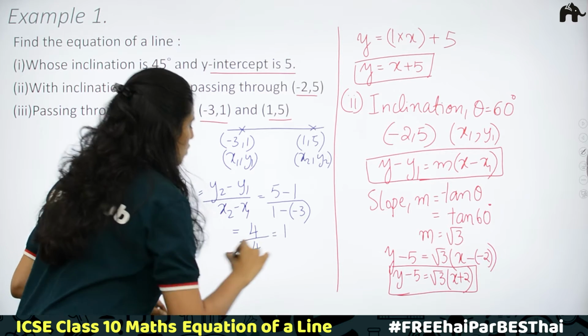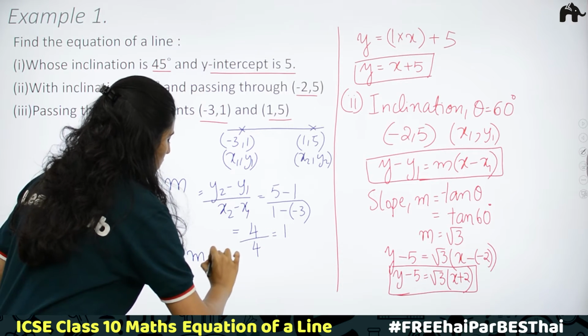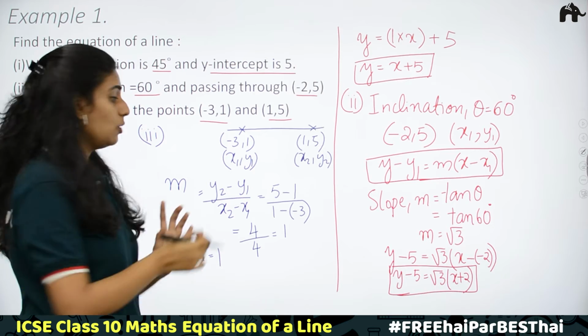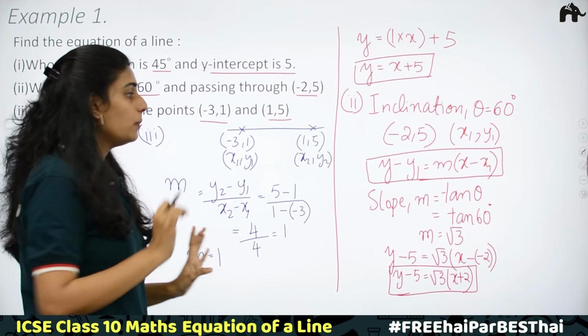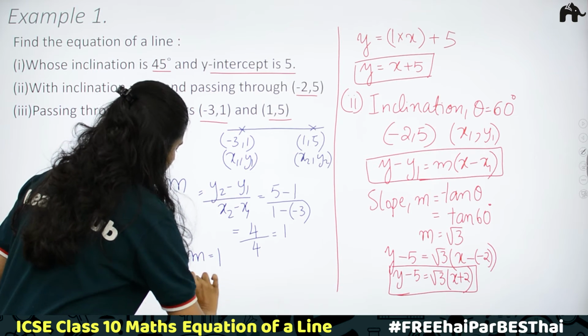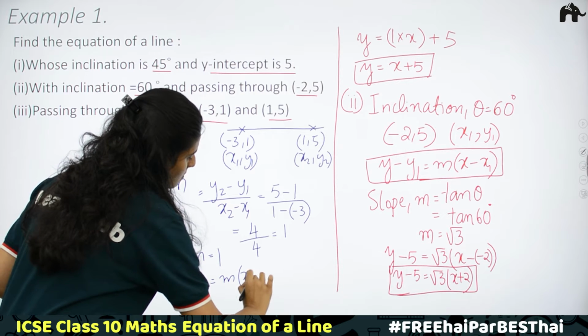So, we got the slope is equal to 4 by 4, which is 1. M is equal to 1. Now, we need to find the equation of line. Again, using the point-slope form, we have y minus y1 is equal to m into x minus x1.